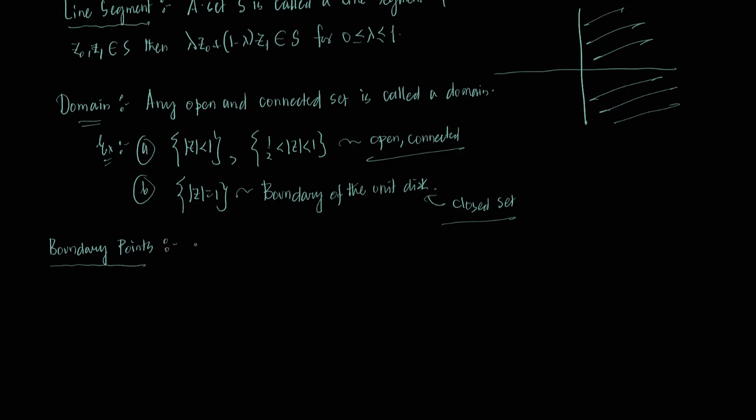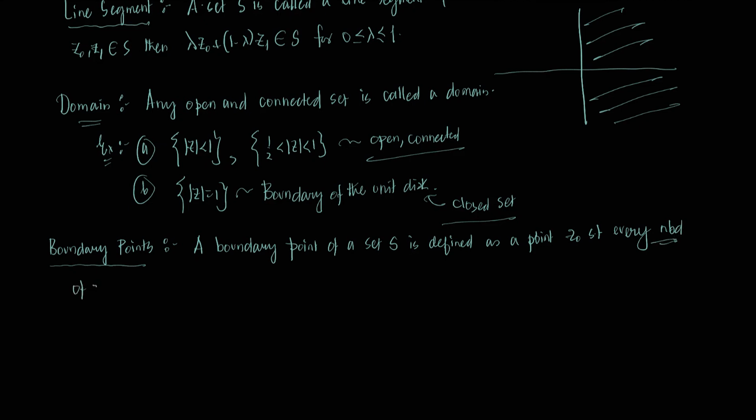A boundary point of a set S is defined as a point Z0 such that every neighborhood, I am going to write neighborhood as NBD, every neighborhood of Z0 must contain points that belong to S and points that do not belong to S.